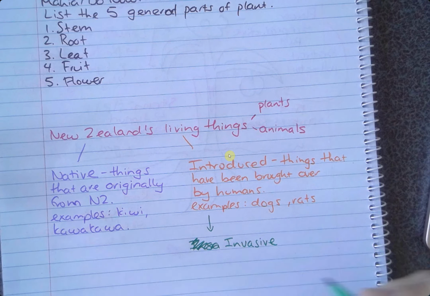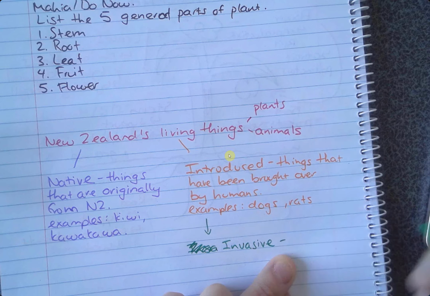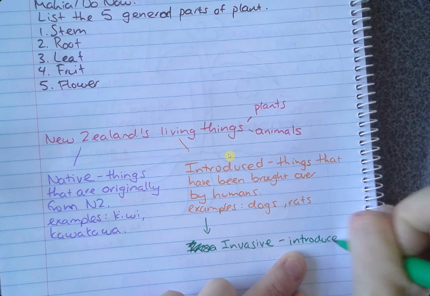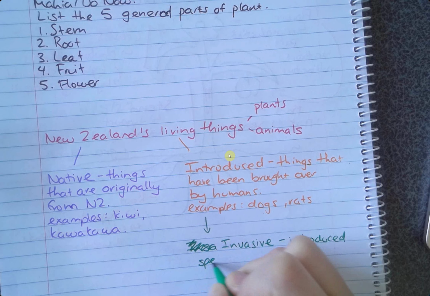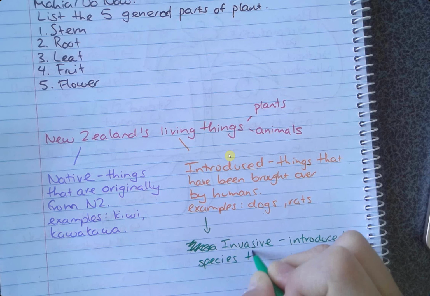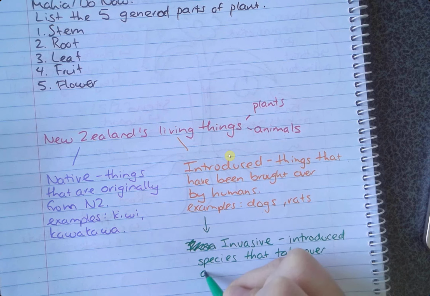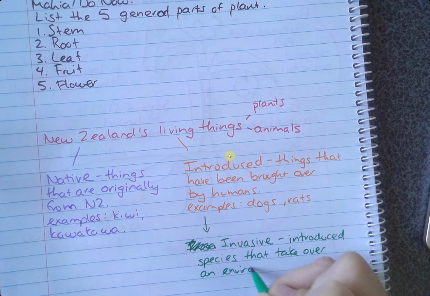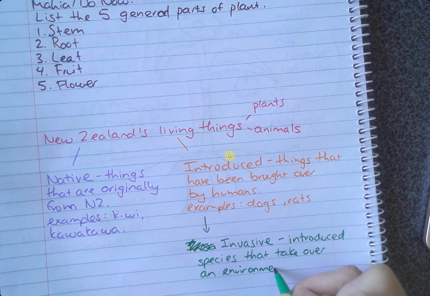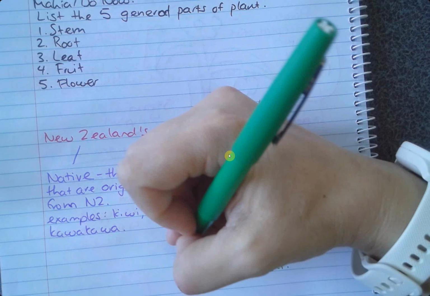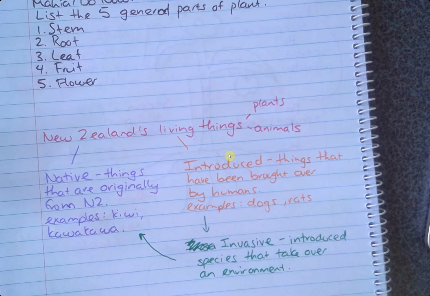So invasive, we're talking about introduced species that take over an environment. And the linkage between them is that these invasive species can kill the native.